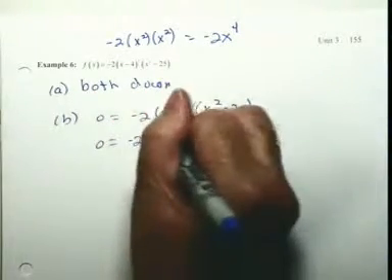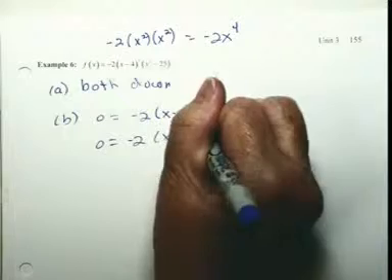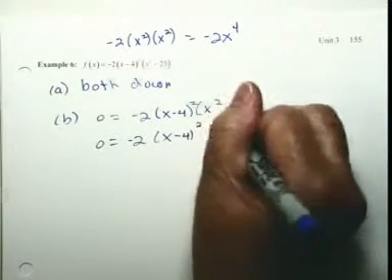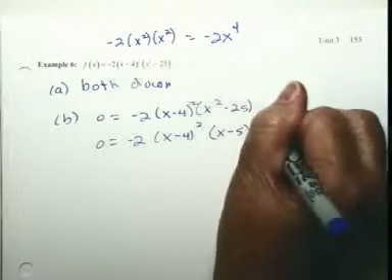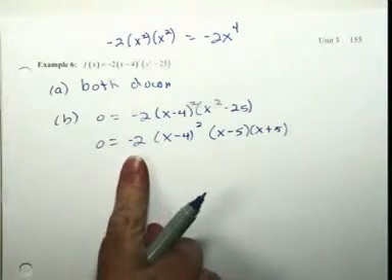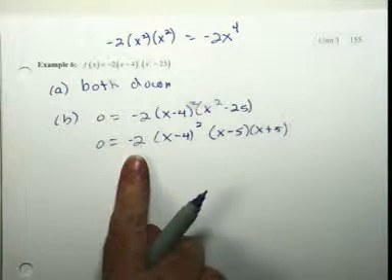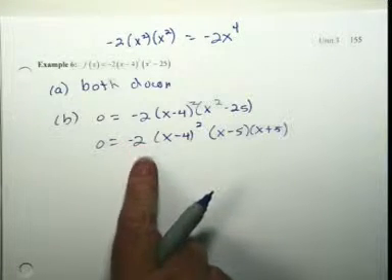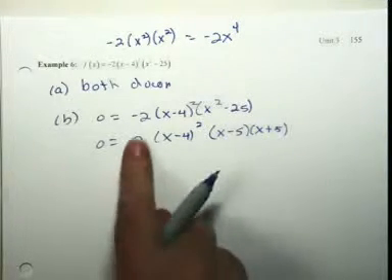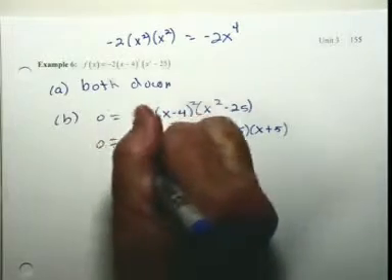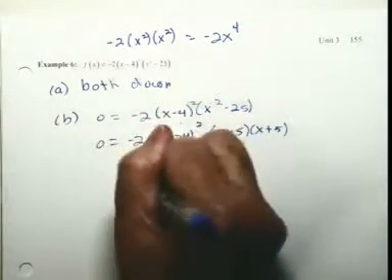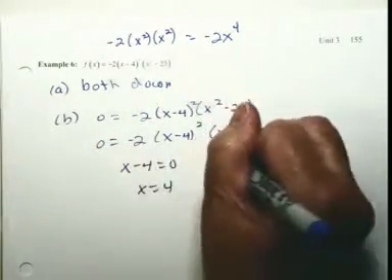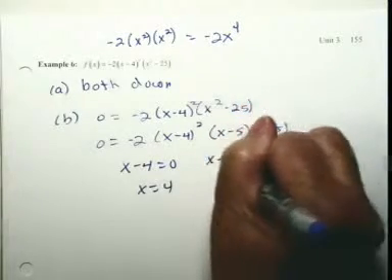Now I can factor here. But the negative 2 doesn't actually give me a point if there's no x. If it were negative 2x, I would have x 0. But this doesn't give me an answer. So x is 4, x is 5.